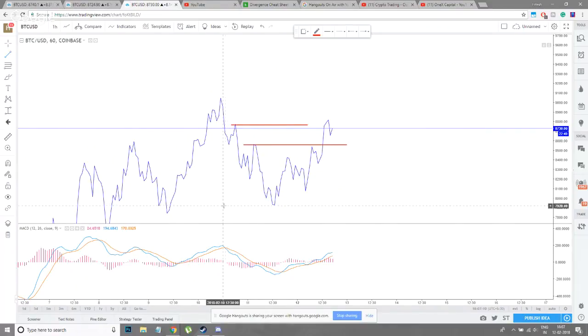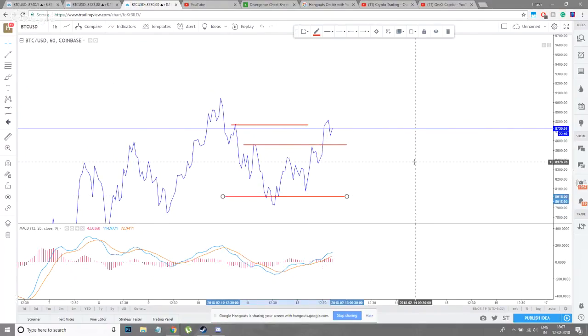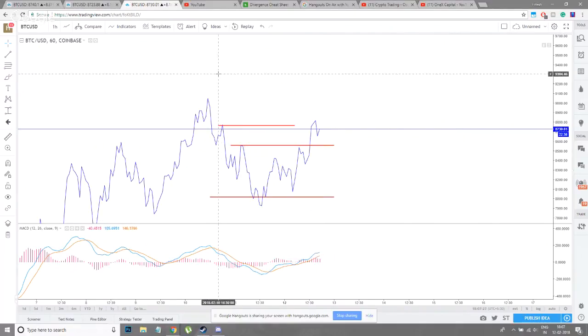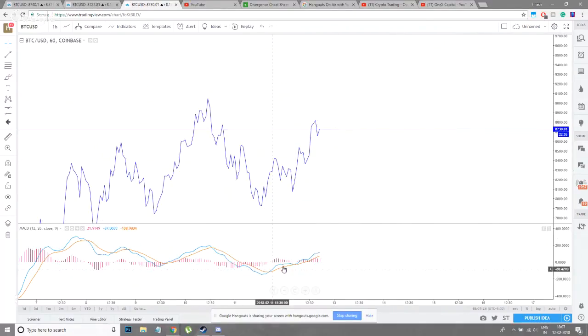Assuming you saw the change in momentum using other indicators, your short exit would have been either here or here, which is not really a bad trade, right? So yeah, that's one way to use the MACD.